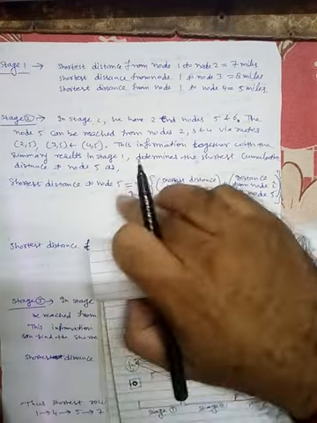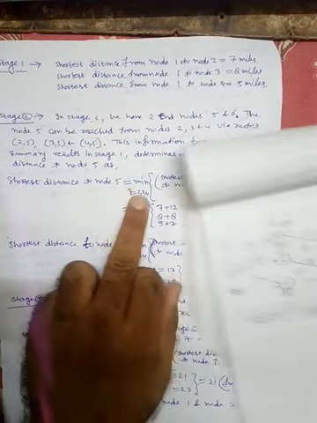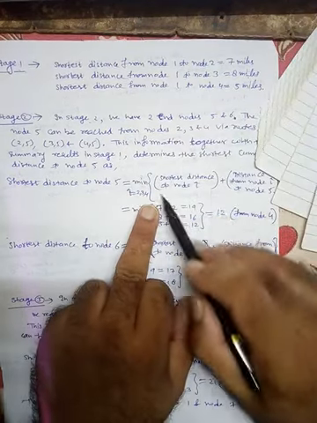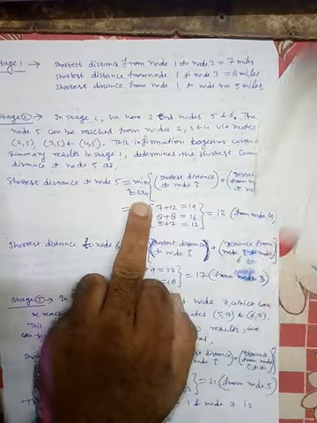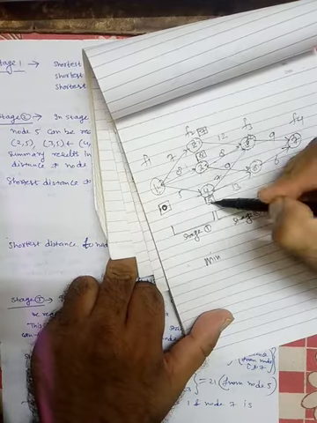So shortest distance to node 5. What is the shortest distance to node 5? It is the minimum of the shortest distance to node I, where I is 2, 3, 4. These are the three possible nodes.